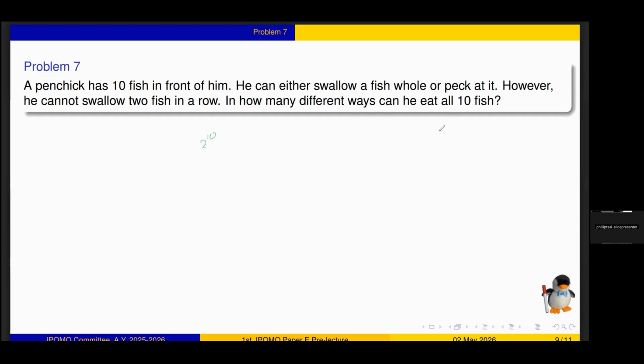So since there are only two choices at maximum for each, there are at maximum 2 to the 10 ways, which is 1024. So the answer isn't as big as maybe what you would have thought. So nice to consider that, so that it helps you see if your answer is definitely wrong or maybe not wrong. Maybe.